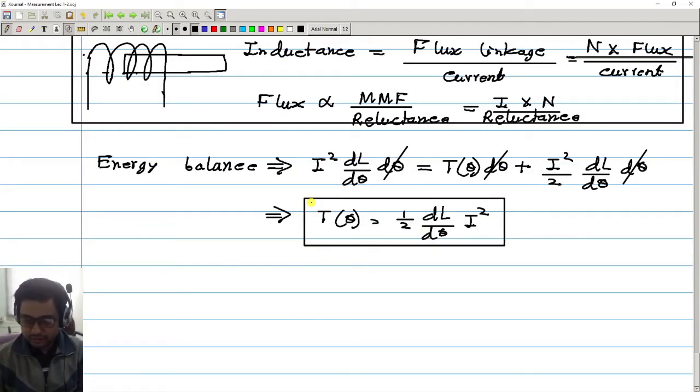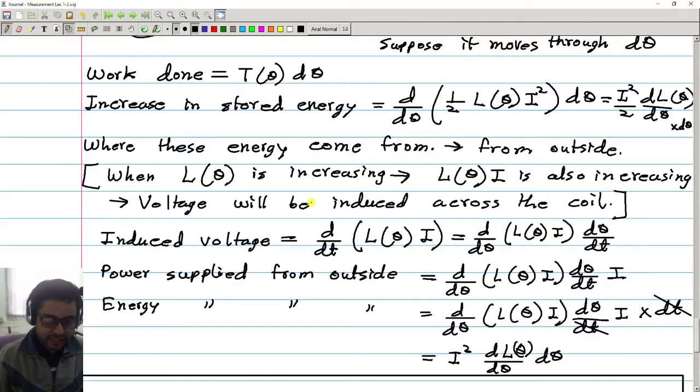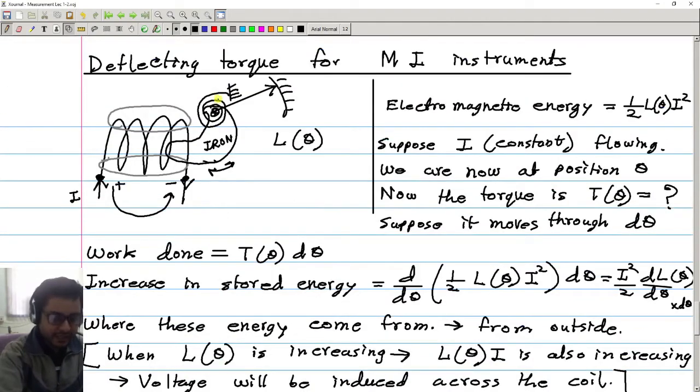Fine. So now some of you may ask, why are we not considering the spring? What is the role of the spring here? Please notice that this torque that we have found is because of the attraction force of this electromagnet on this iron piece, which will always be there no matter whether we have the spring or not.